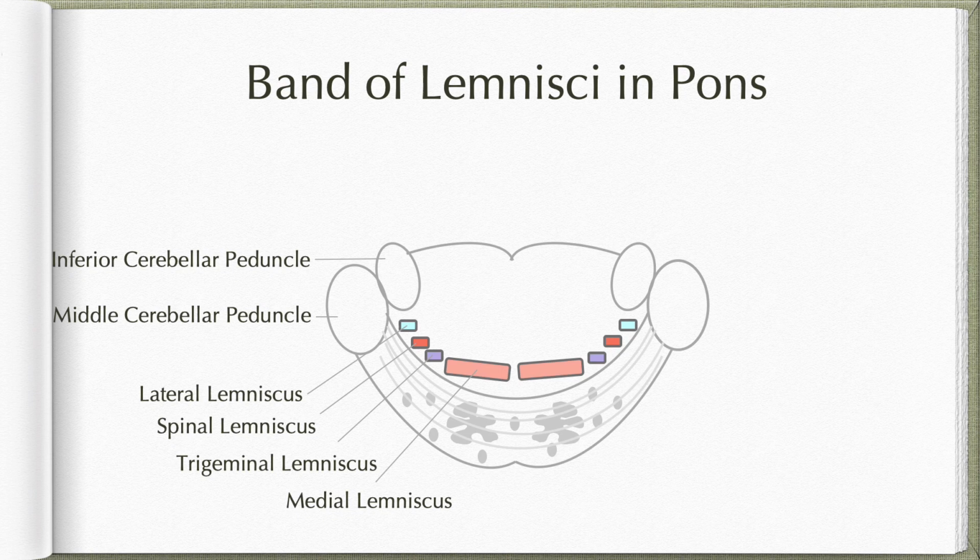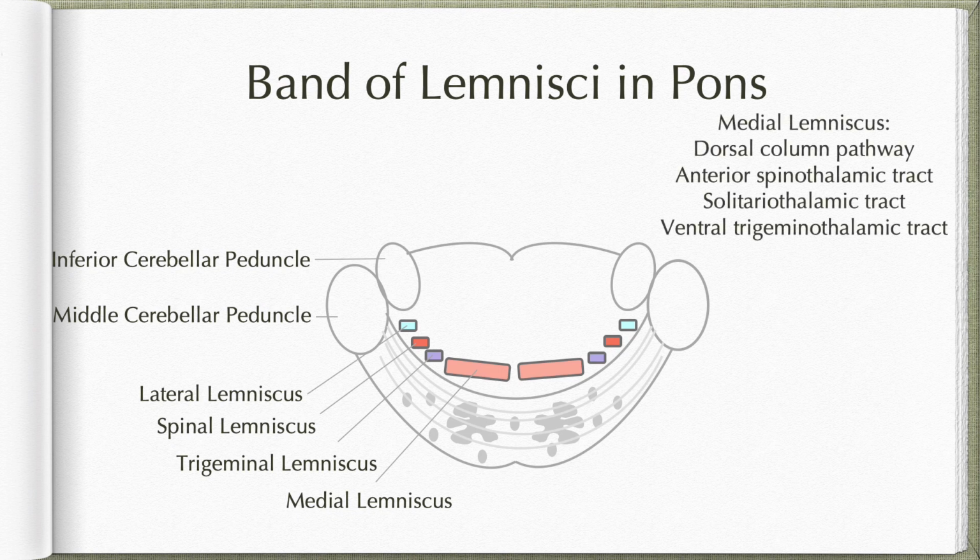At the level of pons, the medial lemniscus is made up of 4 sets of fibers. It is made up of the dorsal column pathway fibers, which are carrying the discriminative touch, pressure, vibration, and conscious proprioception sensation from the contralateral half of the body. In the medulla, it will be joined with the fibers of the anterior spinothalamic tract, which will be carrying touch and pressure sensations from the contralateral half of the body.